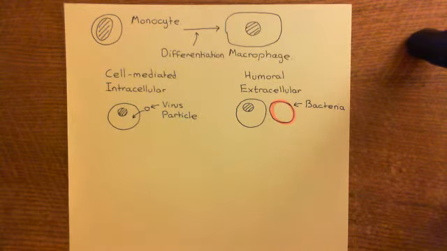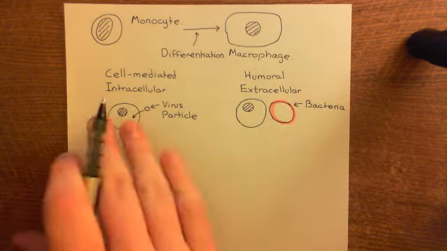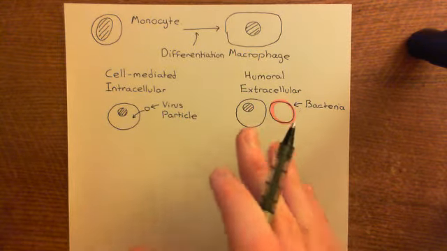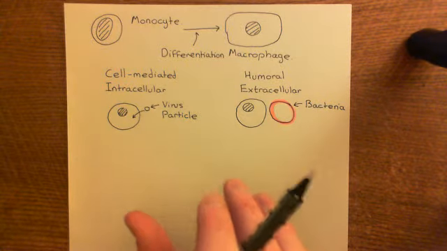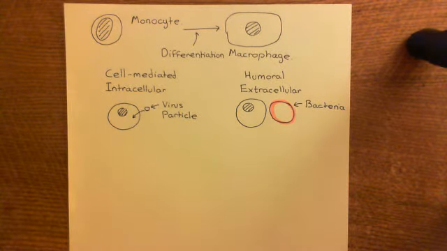However, for the initiation part, the cell-mediated and the humoral immune responses are almost identical. So we're going to keep them going alongside one another for the time being, although later on we'll have to split apart. We'll first discuss the humoral response, and then we'll discuss the cell-mediated response.